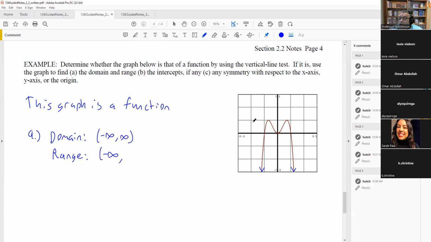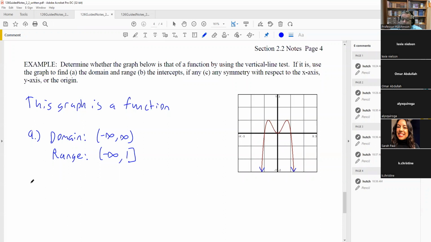It doesn't go higher than a 1. So that means that the range has to stop at 1. And because it's a solid line here, we don't see open circles. That's why I'm using a bracket on the 1. So it goes all the way down to negative infinity, but the highest y value that it ever reaches is going to be a 1.